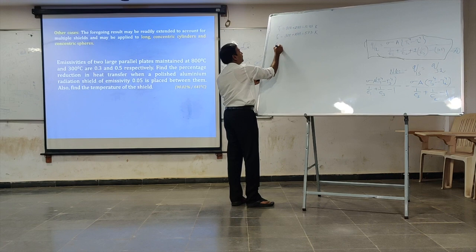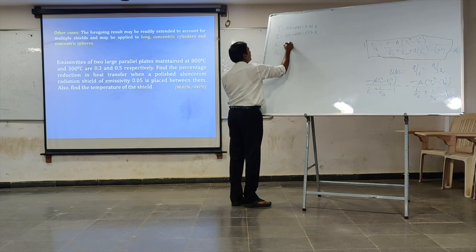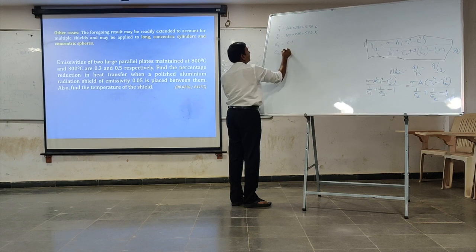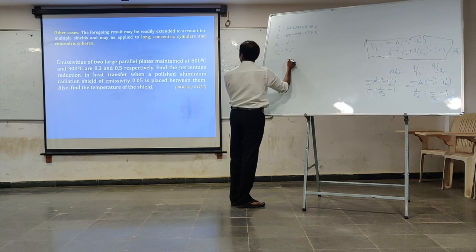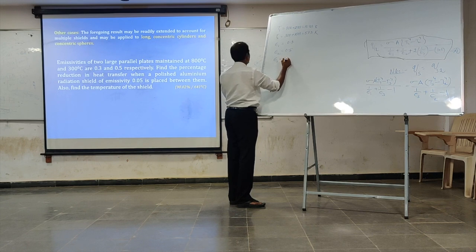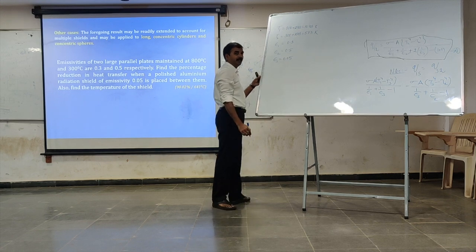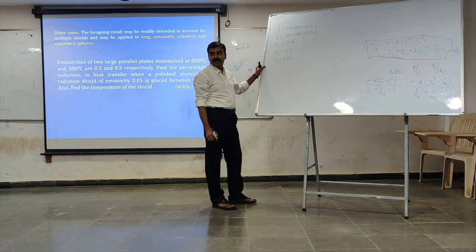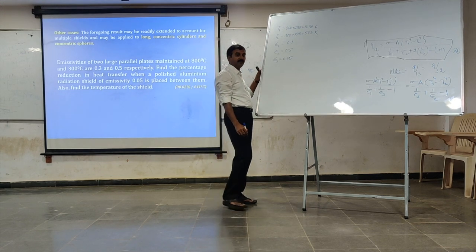Their respective emissivities are 0.3 and 0.5. And the emissivity of the sheet, epsilon s, is 0.05. For the sheet, emissivity will be very less compared to that of the plate.